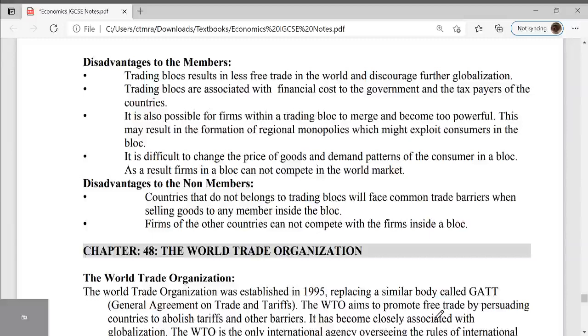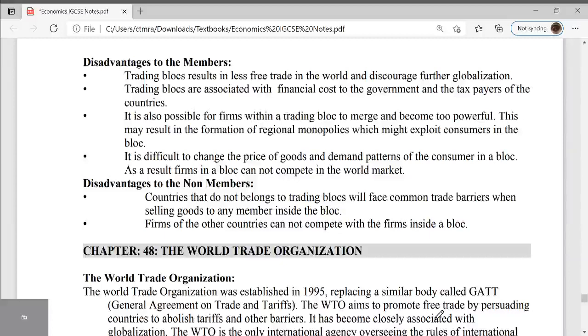Suppose previously Bangladesh had a good relationship with Germany and they used to trade between themselves without any barrier. But after the formation of the bloc, there has to be a common barrier between all the European countries. So if other countries do not agree to provide a free trade benefit or a lower barrier to Bangladesh, then it will be a problem for all of them.